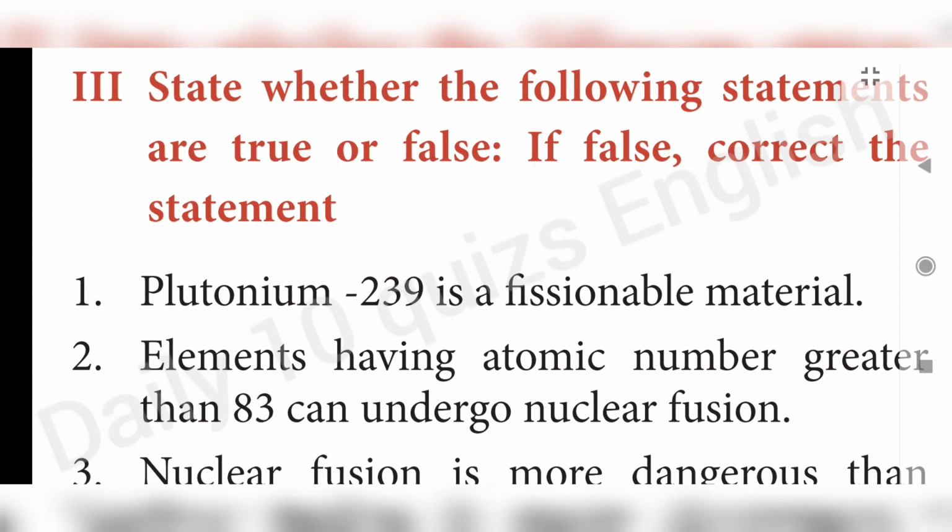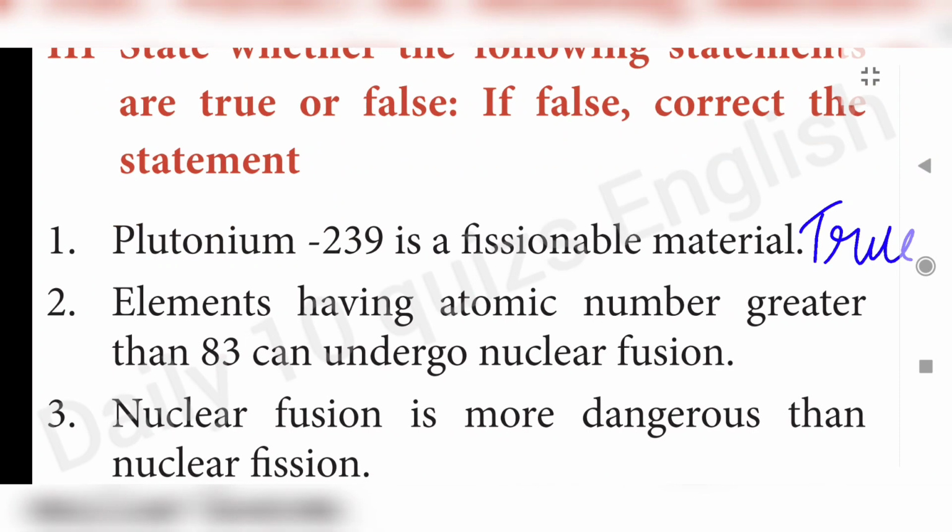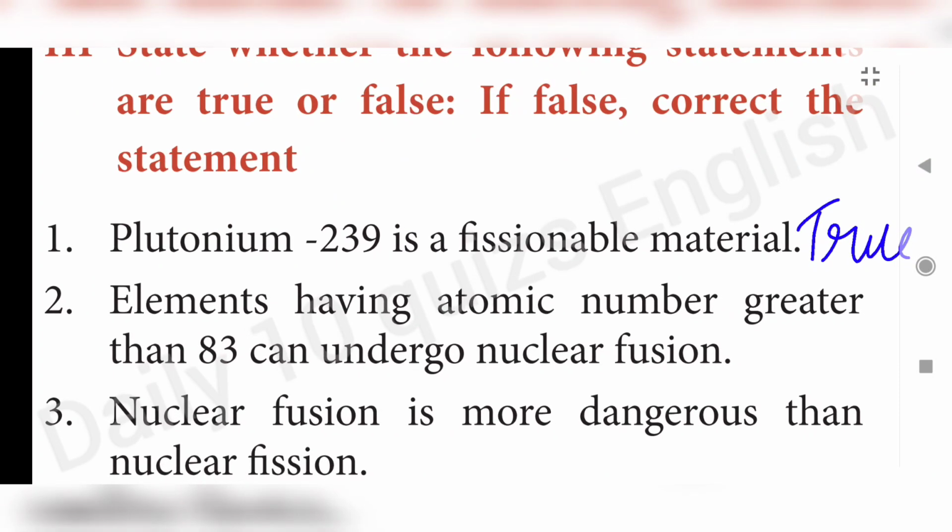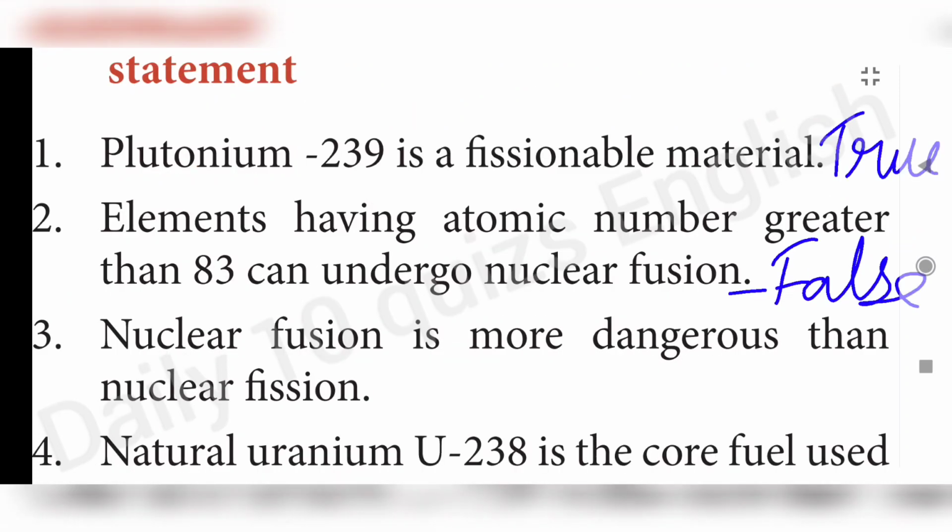True or false? First one, plutonium 239 is a fissionable material. Answer, true. Second one, elements having atomic number greater than 83 can undergo nuclear fusion. Answer, false.